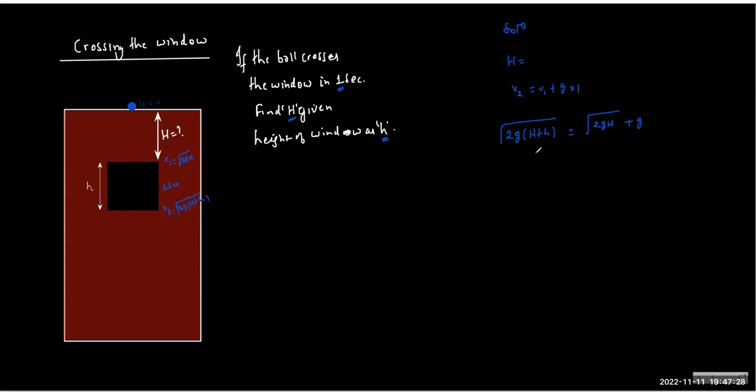To find the capital H, of course, you need to square it first. So you can take the root thing to one side, take root 2g common, and now you can square it.